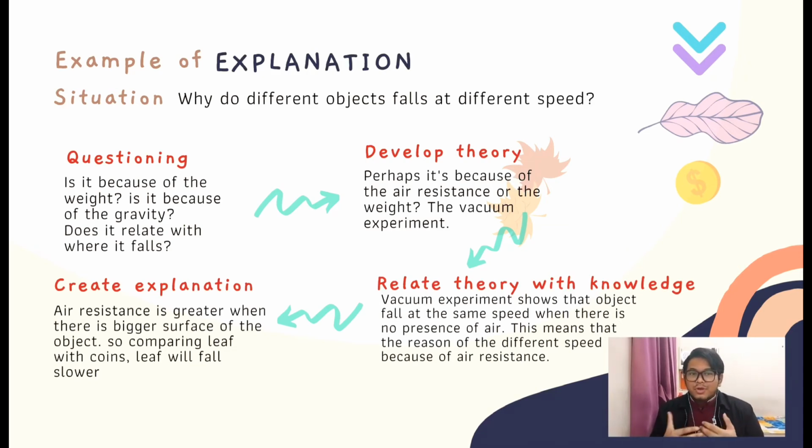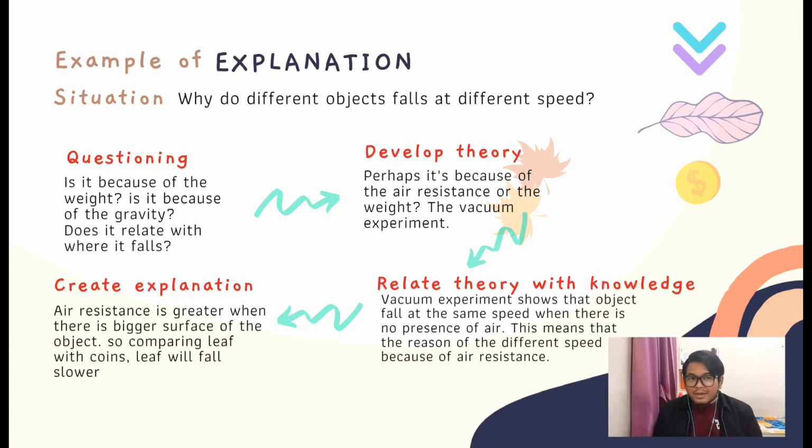So we try to relate the theory that we develop with the knowledge that is based on scientific knowledge. So in this concept, we can say that the vacuum experiment shows that objects fall at the same speed when there is no presence of air. This means that the reason for the different speed is because of air resistance. Try to relate the theory with the knowledge that we gain and possess and so on.